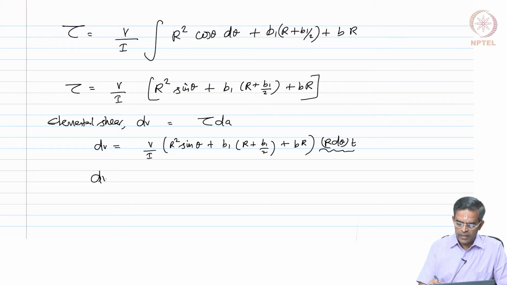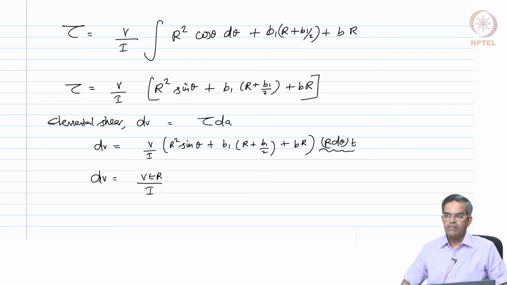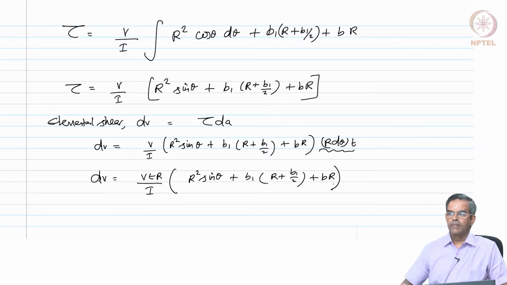So, now I can find dV as V into Tr by I, this T has now come into play here, of r square sin theta plus B1 times of r plus B1 by 2 plus Br of d theta.